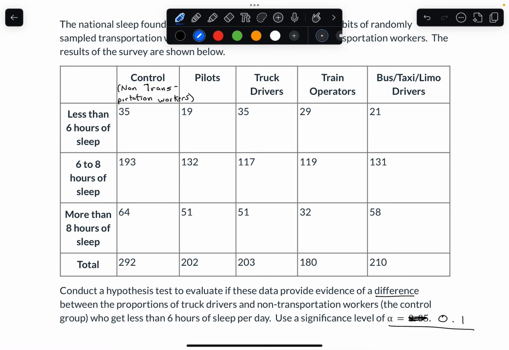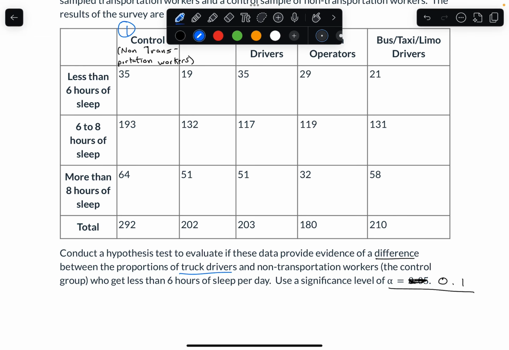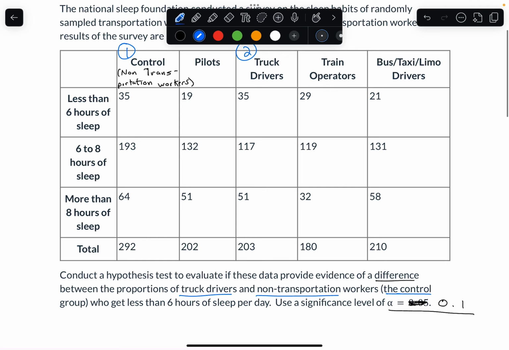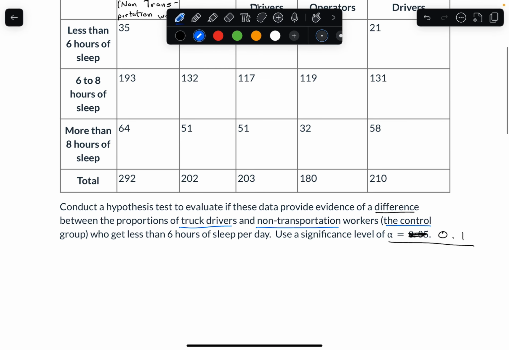Just for the sake of ease, let's call the control group group 1, and the truck drivers, we'll call group 2, because we want to talk about truck drivers and non-transportation workers, which is the control group. Or we can say P sub C is the proportion of the control group, and the proportion of truck drivers we could call P sub T. Maybe we'll do that instead.